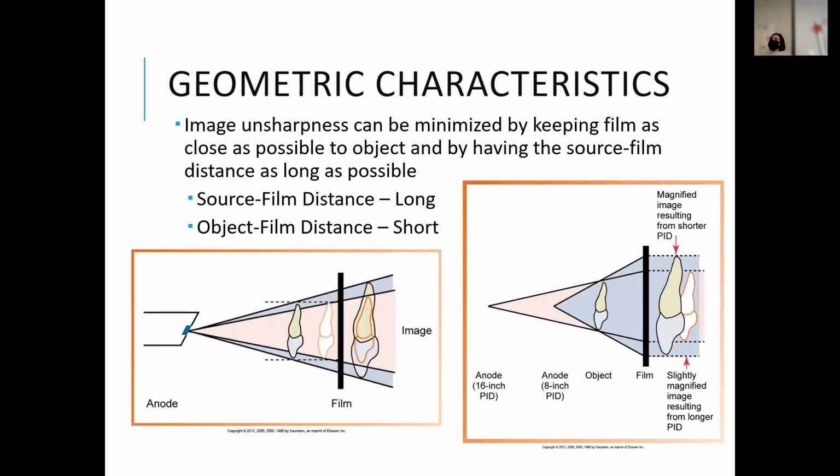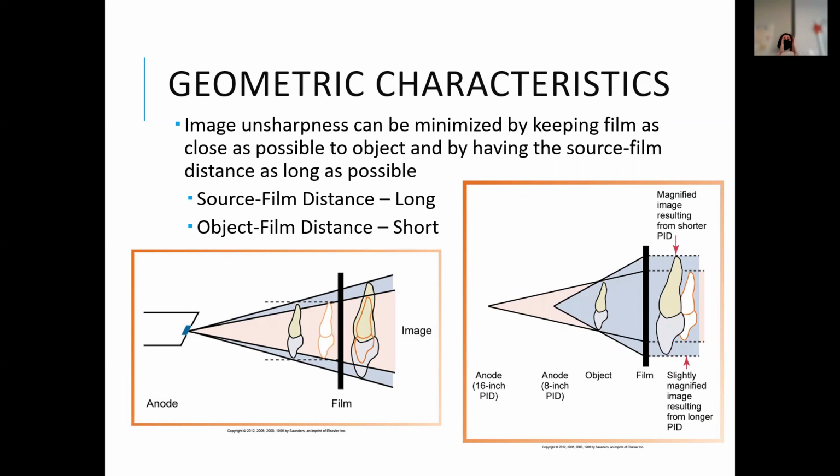So image unsharpness can be minimized by keeping the film, so the sensor, as close as possible to the object, which is your tooth. When the film and the tooth are close together, you're going to have a much sharper image. So that's great, but sometimes with the paralleling technique, we have to give a little distance.